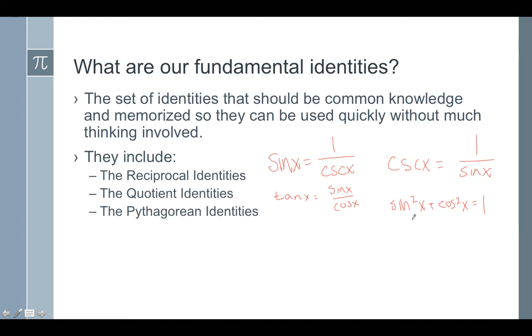We can actually use this equation to get the other 2. If we were to divide by sine squared, we would get 1 plus cotangent squared equals cosecant squared x. So you can get all 3 of them from sine squared plus cosine squared equals 1.